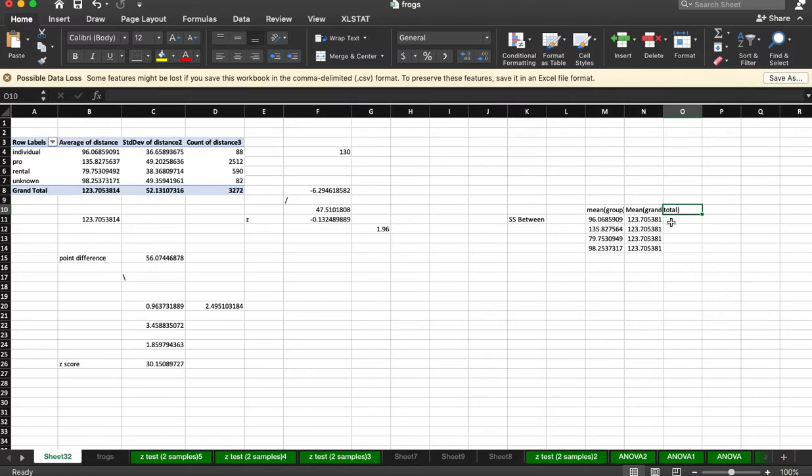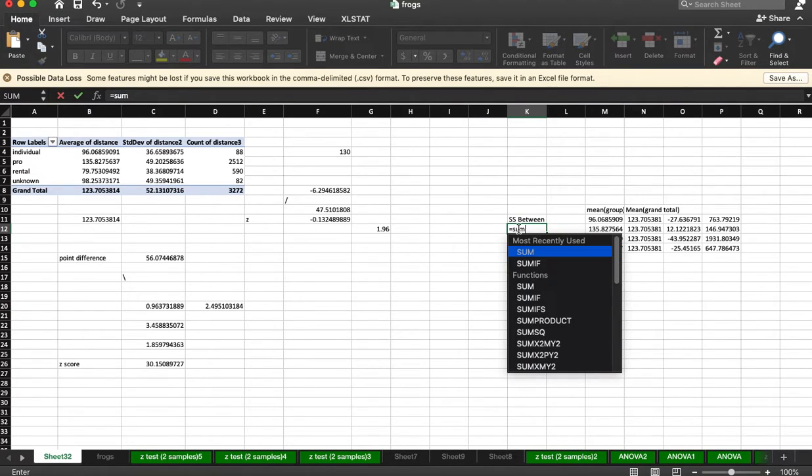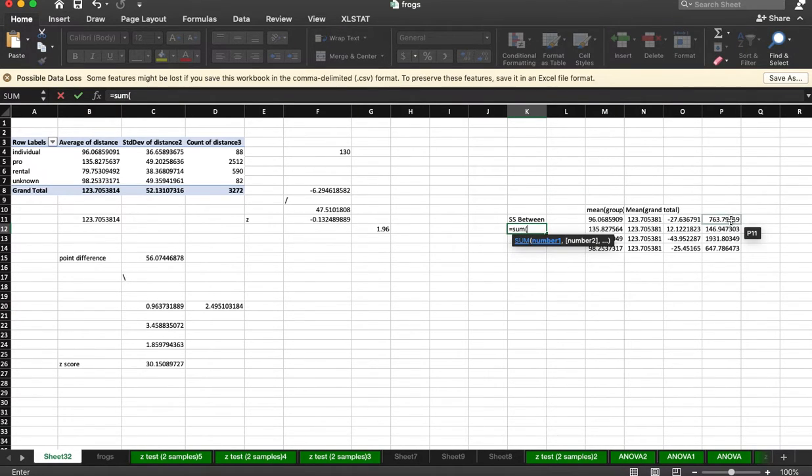So this is group minus total. There we go. And we will now square that just like we did before. Great. And so the answer of the sum of squares between is simply the sum of these numbers. All right.